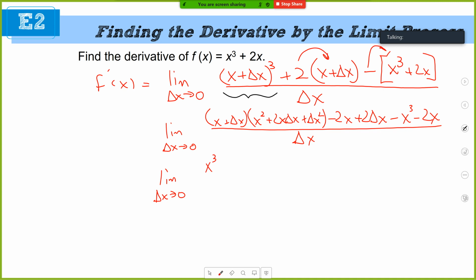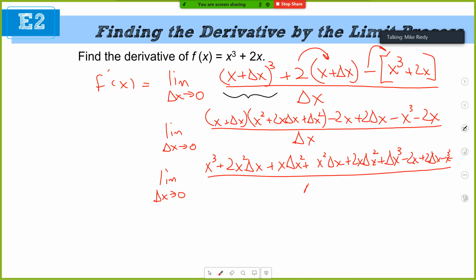So x cubed plus 2x squared delta x plus x delta x squared plus x squared delta x plus 2x delta x squared plus delta x cubed plus 2x plus 2 delta x minus x cubed minus 2x, all over delta x. My point being, this is becoming a major problem. I've got a whole bunch of mess going on there.